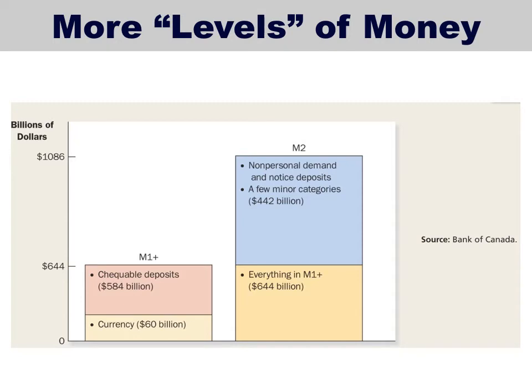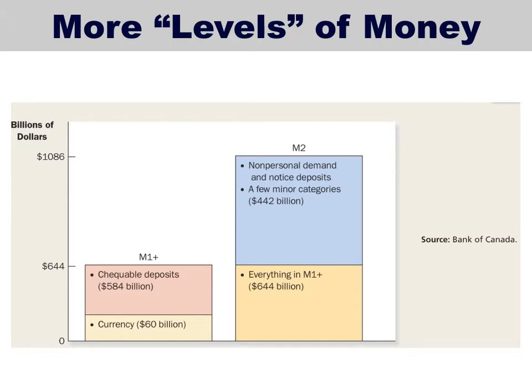So here we have essentially our levels of money that we need to know about. So here we have M1 plus, currency in Canada, and checkable deposits, also known as demand deposits. These are very liquid because essentially they are money that is right there. It's easy to get out. It's easy to pay for things using either of these.